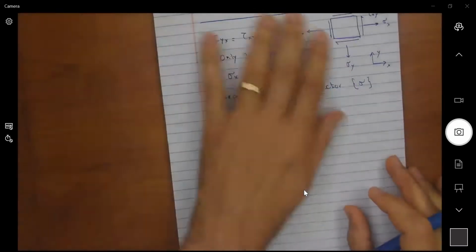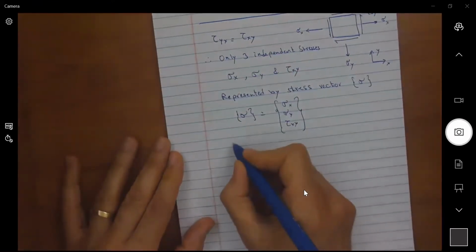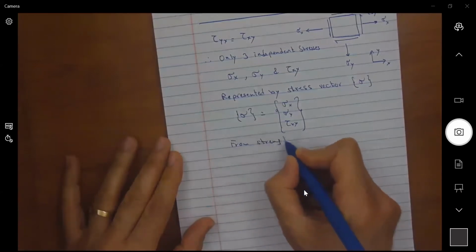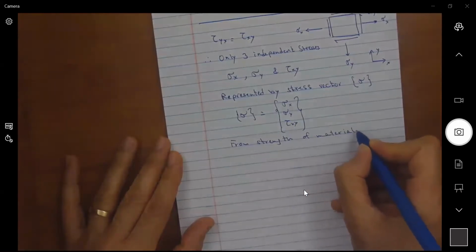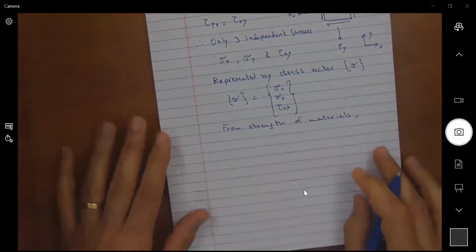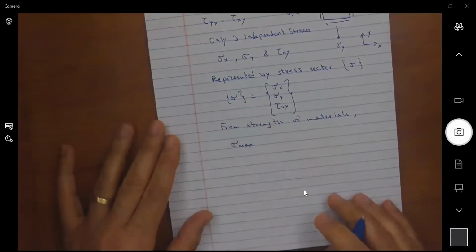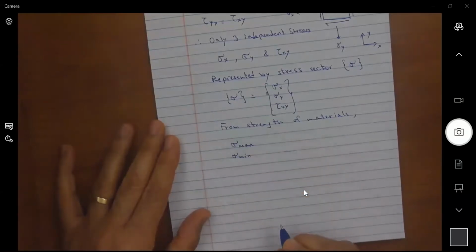For that state of stress, from strength of materials or solid mechanics, we were able to find the maximum normal stress and the minimum normal stress.